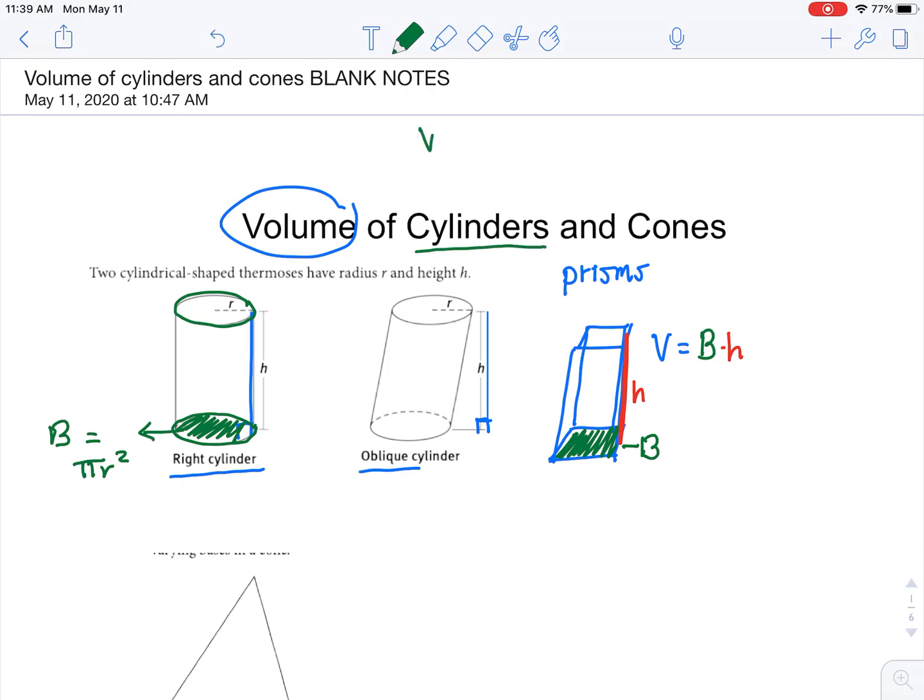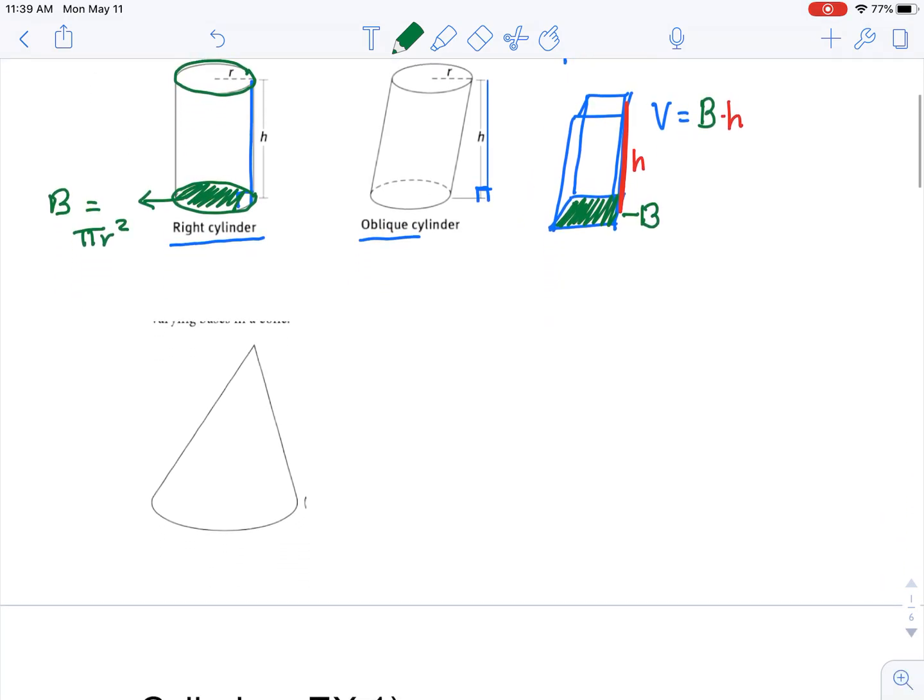So if we think about the formula for a cylinder, we're going to start with our formula for all prisms. The volume is area of the base times the height. In a cylinder, however, the base is a circle, so we're going to be plugging in the formula for the area of a circle and then multiplying it by the height.